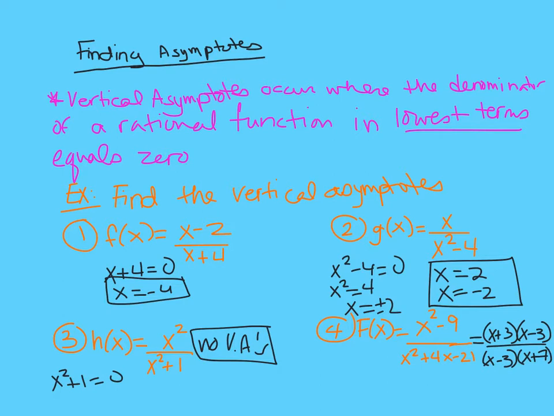If you remember from the previous video, x equals 3 is not in the domain. However, we're going to be using that for something else in a later video. These two things cancel, so in lowest terms, this is my function. So my vertical asymptote is going to occur when x plus 7 equals 0, or x equals negative 7.